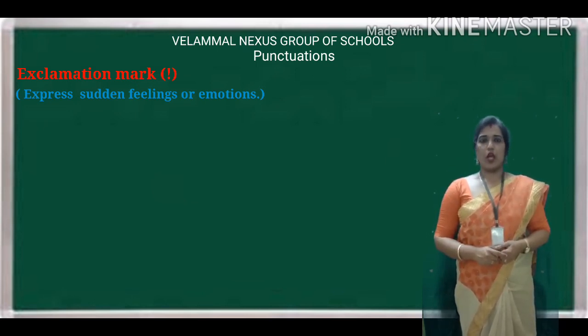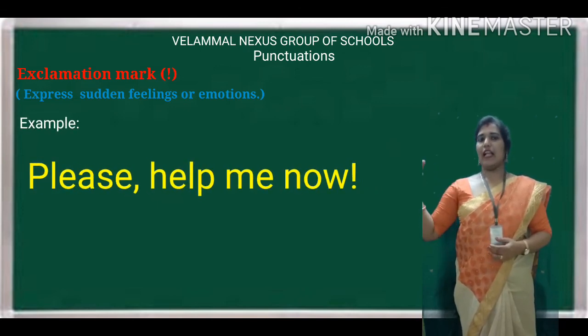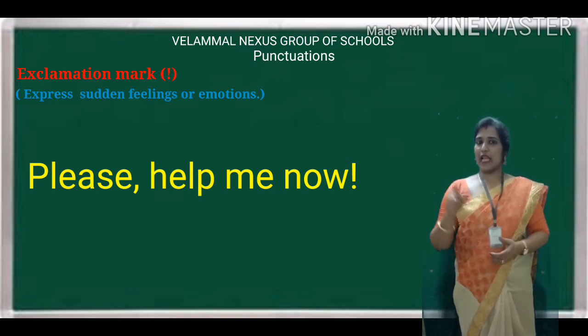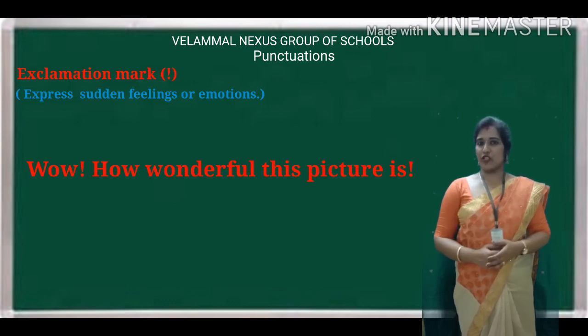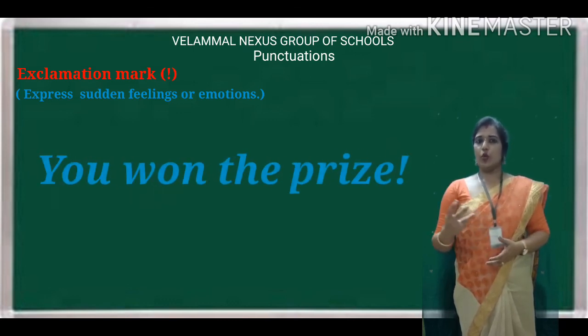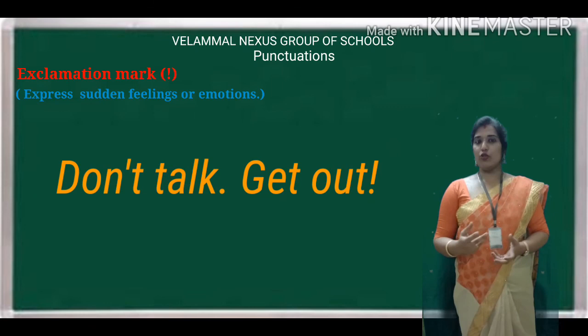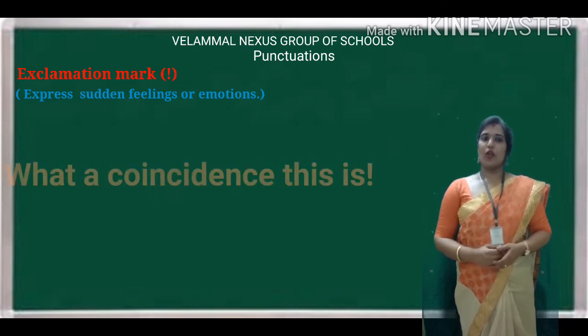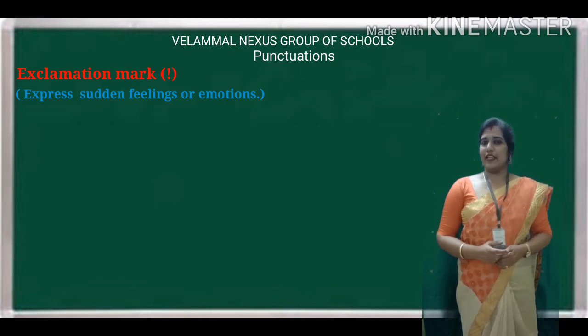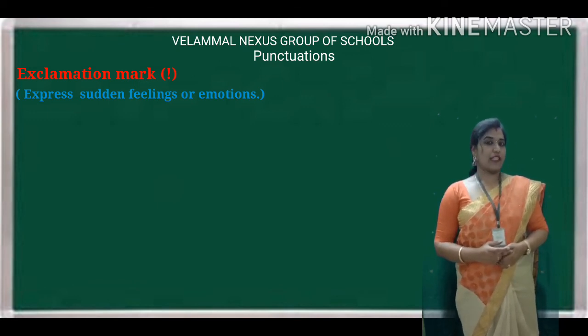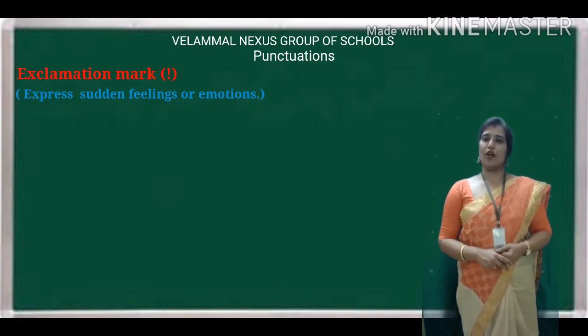Now we'll see some examples for exclamation marks. Please help me now! Wow, how wonderful this picture is! You won the prize! Don't talk, get out! What a coincidence this is! So we use exclamation marks to express our sudden feelings or emotions.